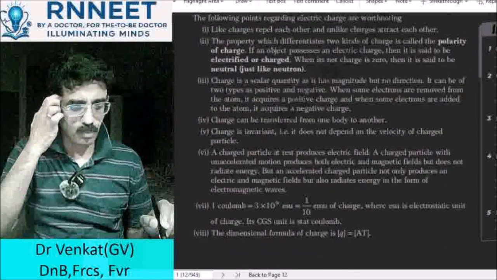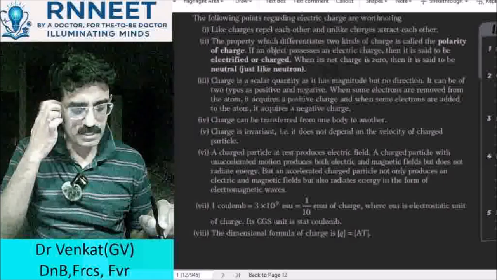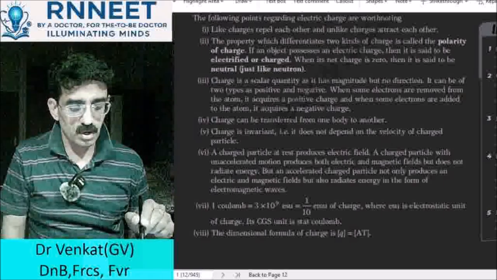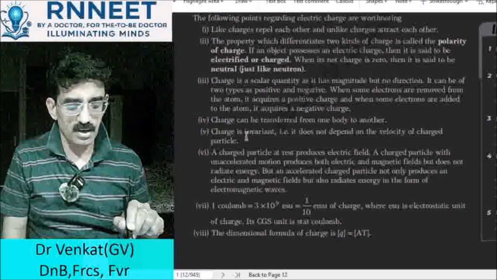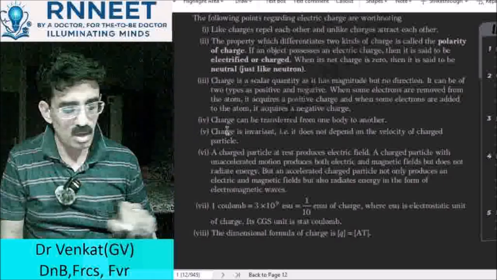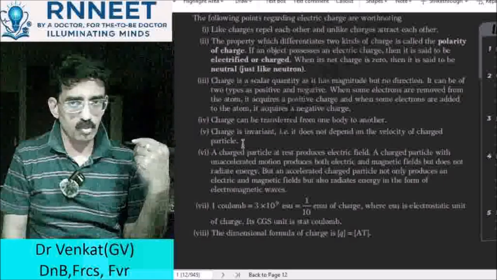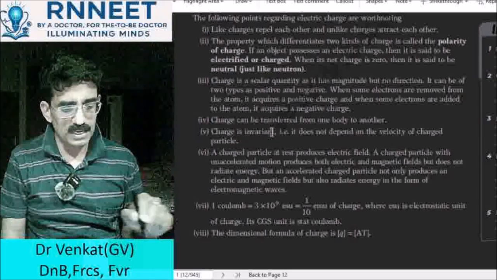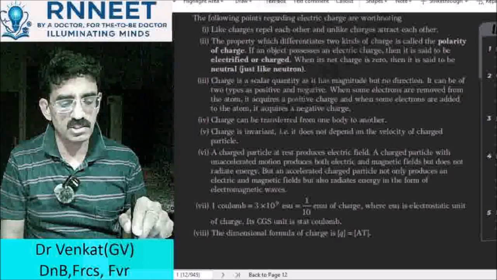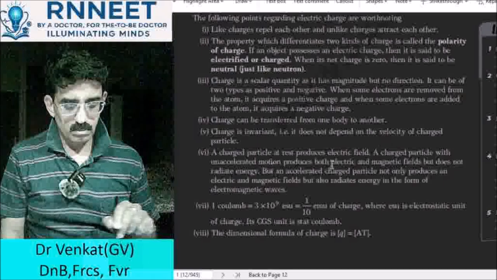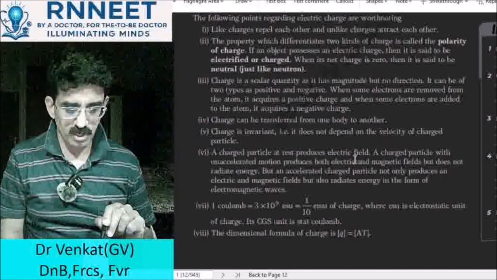The next important point is that charge is invariant, meaning it does not depend upon the velocity of the charged particle. But if the charged particle is moving, then it will have both an electrical as well as a magnetic field around it.